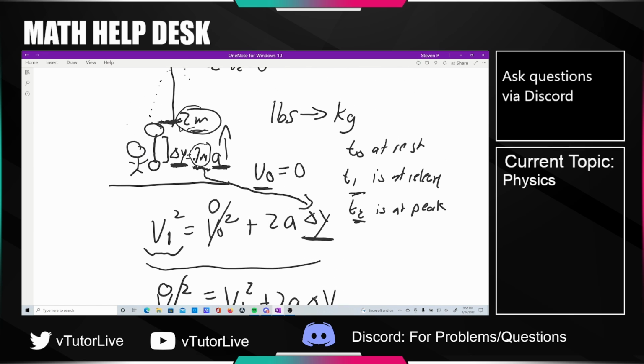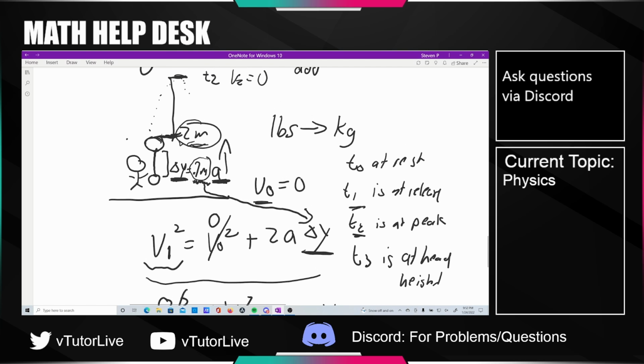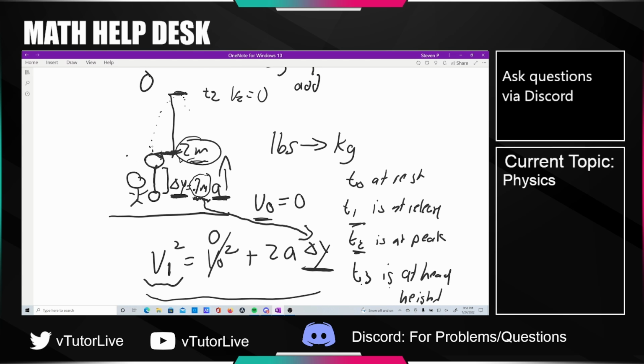So let's say time 3 is at head height. Would that be the maximum height initially? No, T3 is going to be at head height, which is when it goes all the way up and then comes all the way back down. That's going to be my idea of T3. So the distance will be negative.